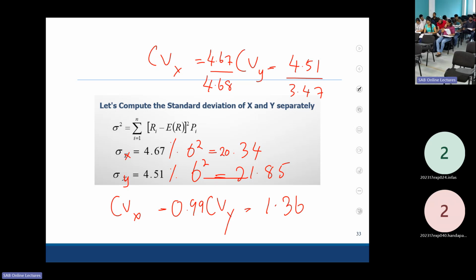So you have the standard deviation, expected return, and the coefficient of variation for X and Y. Now tell me which stock is risky.